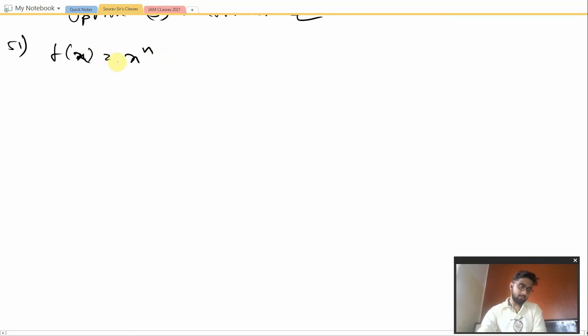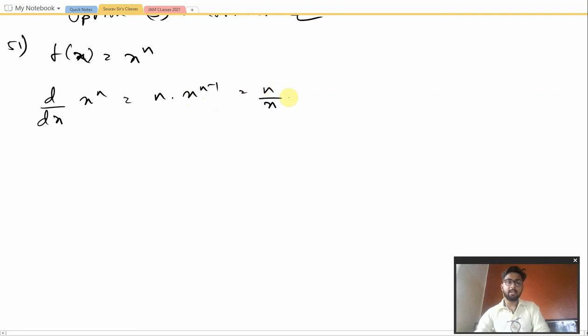Now we have to see in the options where operators are given, whether this is an eigenfunction for that operator, and whether we get the eigenvalue or not. If we differentiate x to the power n, d/dx, we get n into x to the power n minus 1, which is equal to n divided by x into x to the power n.